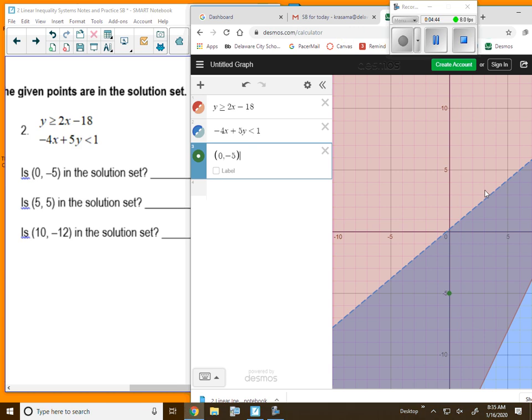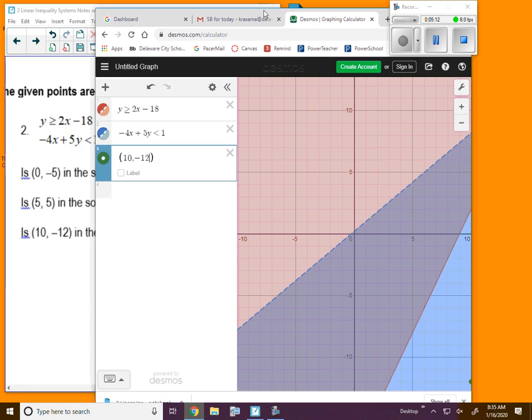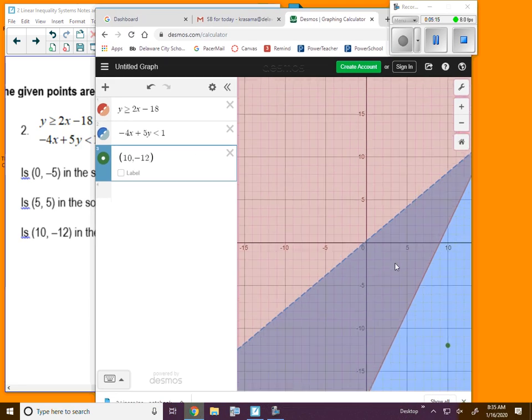It's in that overlapping shaded region, kind of the purple color there. So that one would be yes. Next point: no, right? That's only in that pink one up there, or red. Then -12. We have to move that over a little bit. We have to zoom out to see that one. Where's that one located? That one's in blue, so that one's also a no.